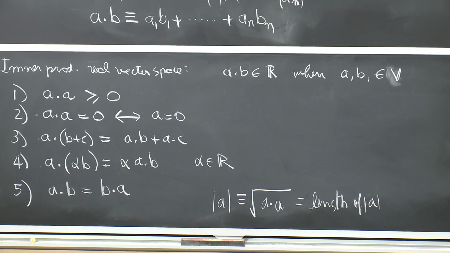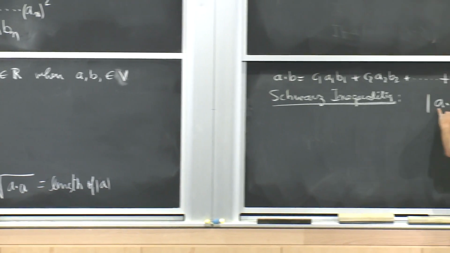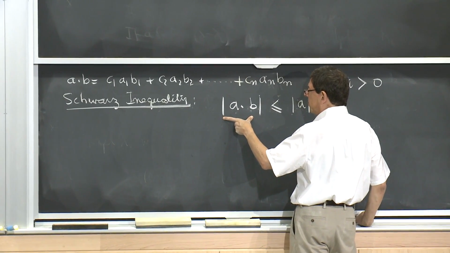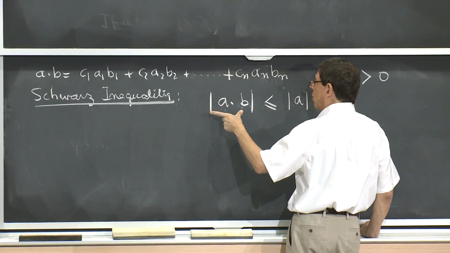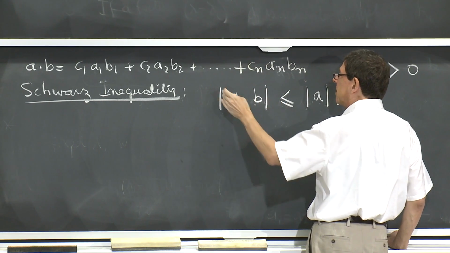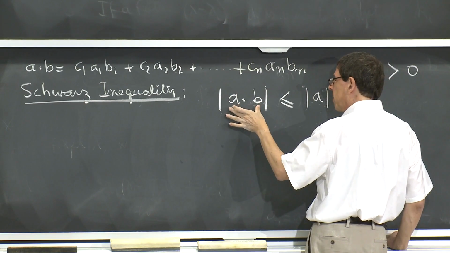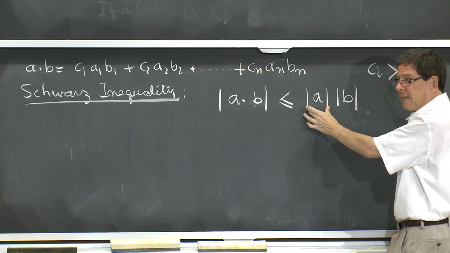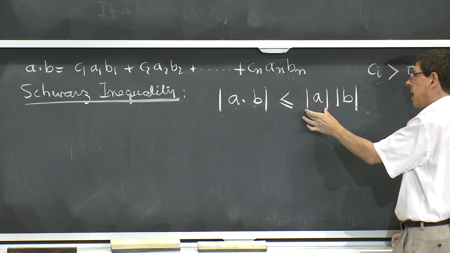So the dot product is a number. So A dot B is a number, and here it would be the absolute value of a number. So here you have the bars can mean different things. If a bar goes around a number, then it's the absolute value. If the bar contains a vector, it's the length of the vector.